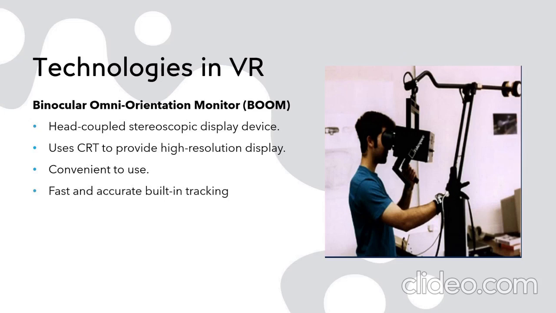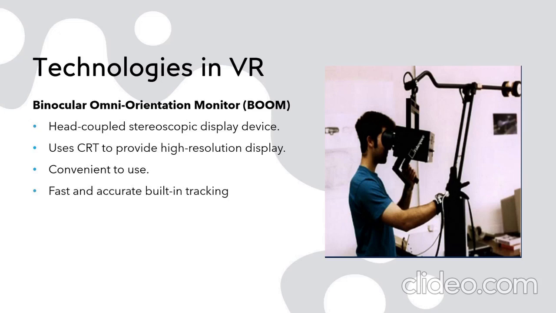Users can change their viewpoint by physically moving their head, as the display responds to head orientation and provides an updated view. And BOOM technology is used in applications where a high degree of immersion and panoramic visualization is essential, such as flight simulators and certain training scenarios.